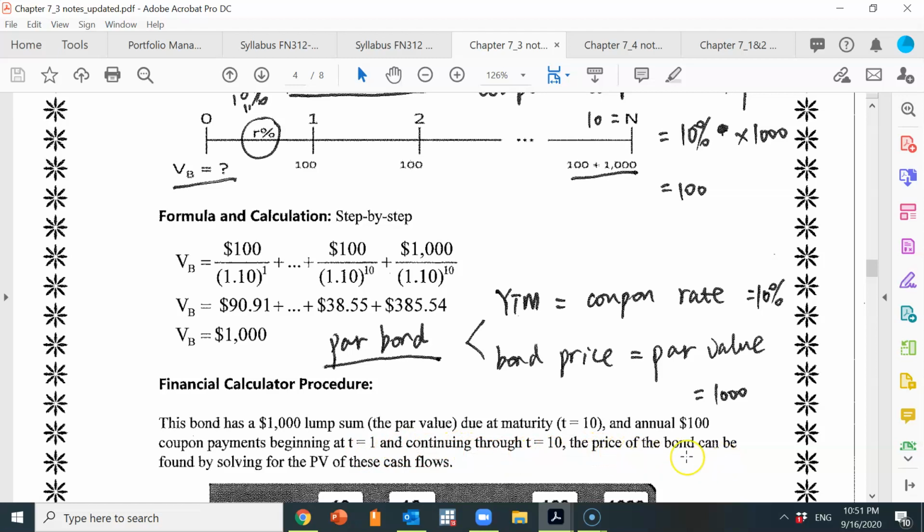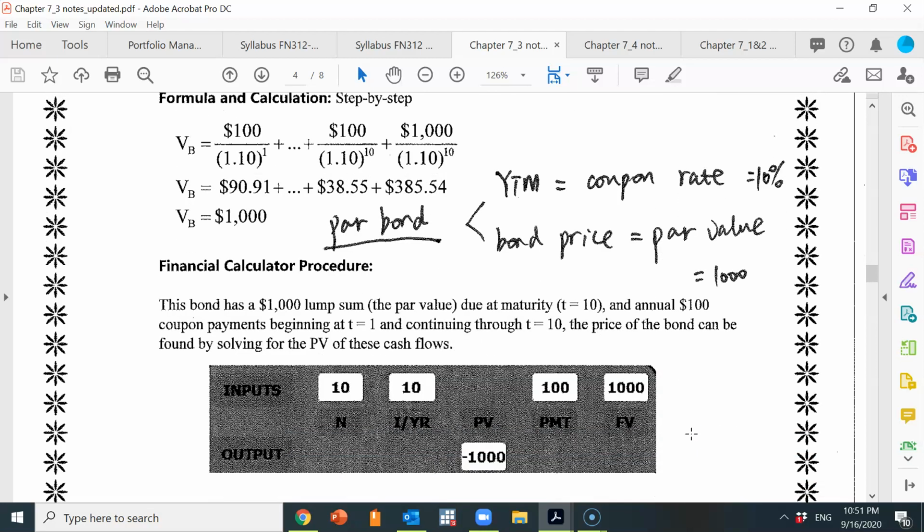So the price of the bond can be found by solving the present value of this lump sum, 1,000, and the present value of this ordinary annuity of 100. We input N as 10, I as 10 because the interest rate is 10%, payment is 100 because the coupon payments are $100, and future value is the par value, 1,000. We compute for present value. The calculator would give us the answer negative 1,000.